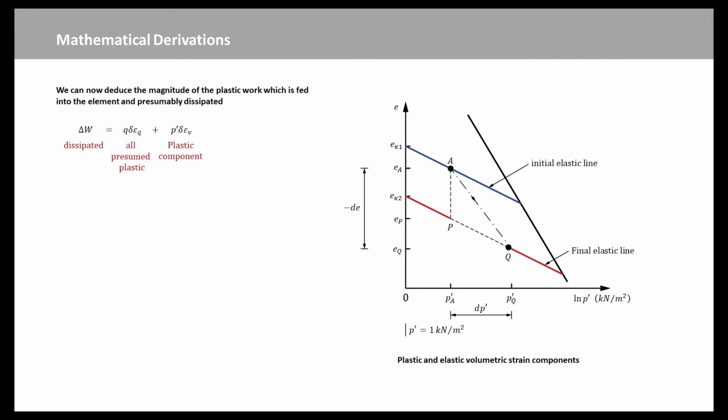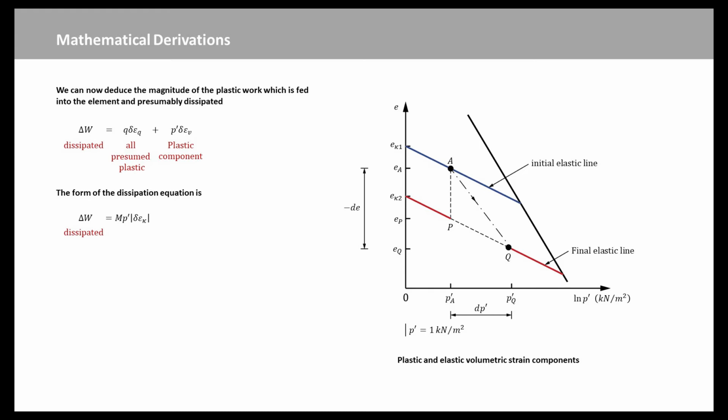We can now deduce the magnitude of the plastic work which is fed into the element and presumably dissipated. This equation represented that part of the work done by the stresses at boundaries which was not stored. We will assume that this work has been dissipated in friction and that the form of the dissipation equation shows here.